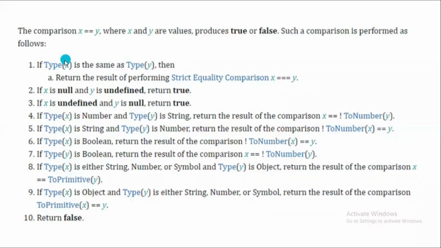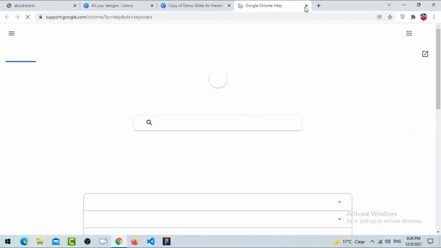If the type is not the same, the second condition says, if X is null and Y is undefined, it is true. X is undefined, Y is null, then also true. We will see that.